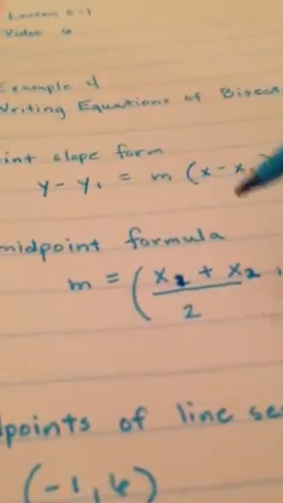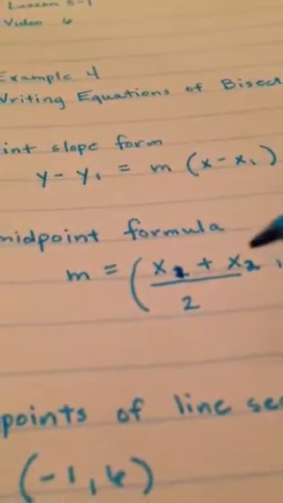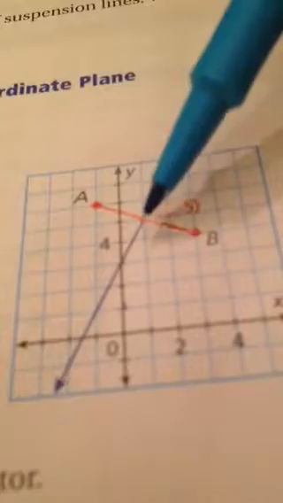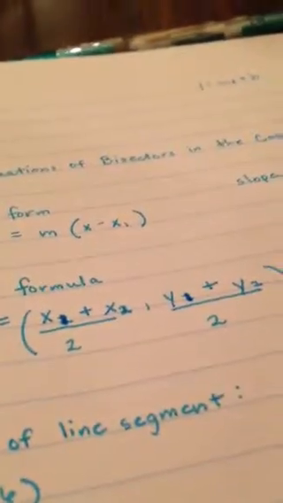Another thing that we're going to need is the midpoint formula. The midpoint formula helps us find the middle between two endpoints. So we are looking for this right here, but without using the graph. We want to use our mathematics to do it, our geometry formula.